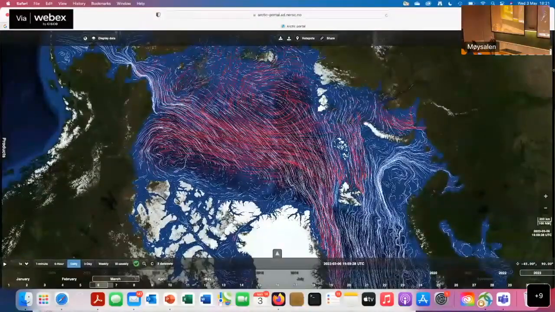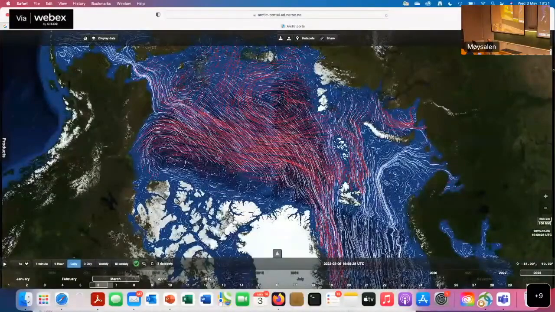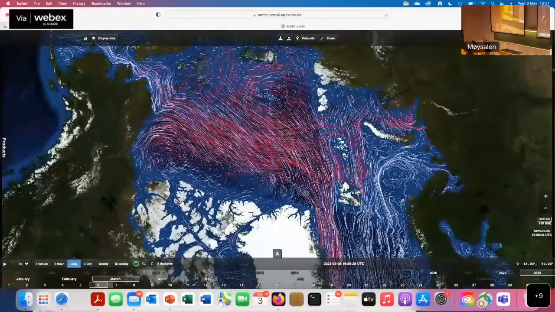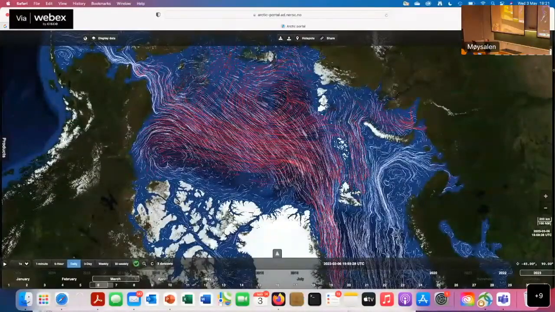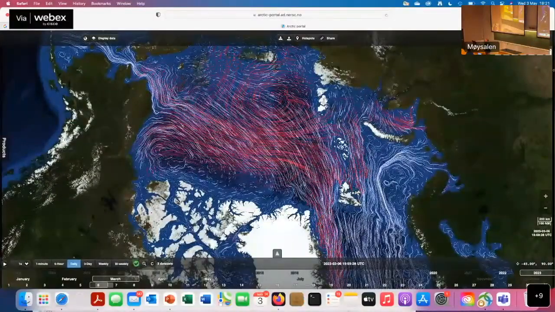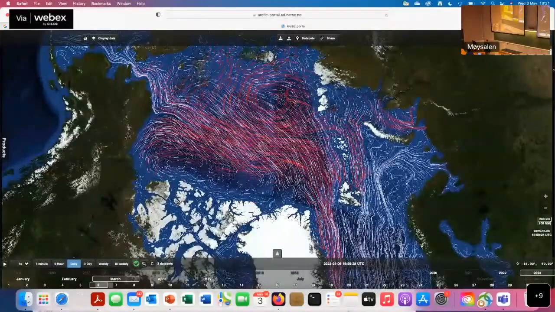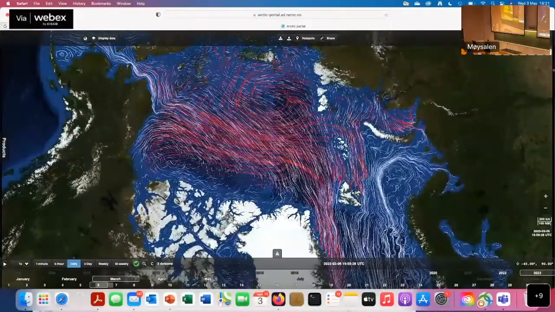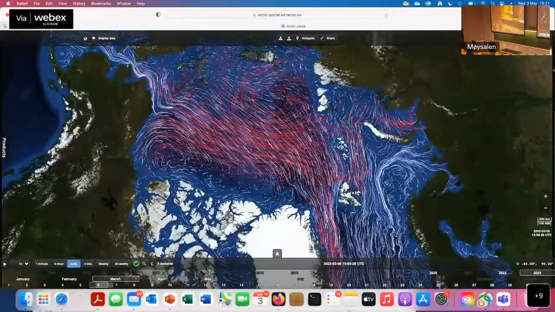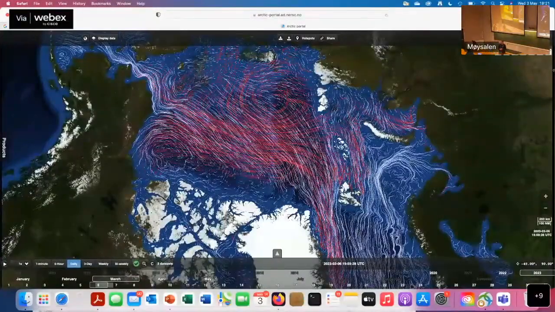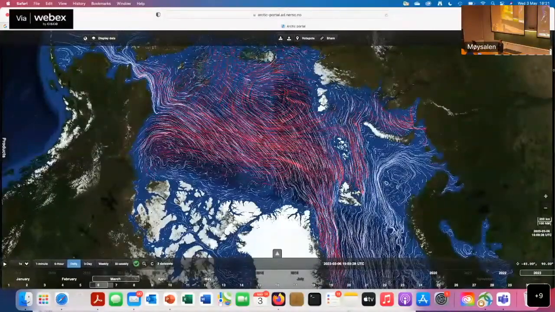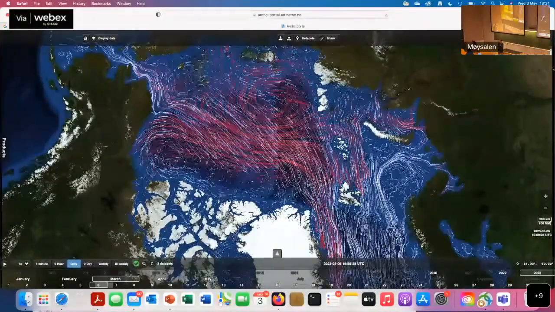Immediately you start to see that the ice drift doesn't follow the current. And it shouldn't, because the current is a source of momentum to move the sea ice, but it's not as strong as the wind. So the sea ice would like to follow the strongest force, and that's the wind force.